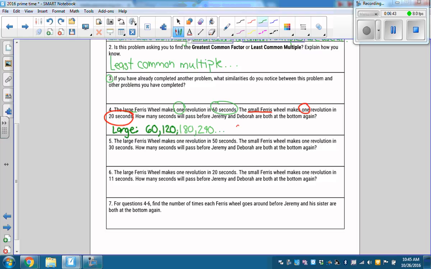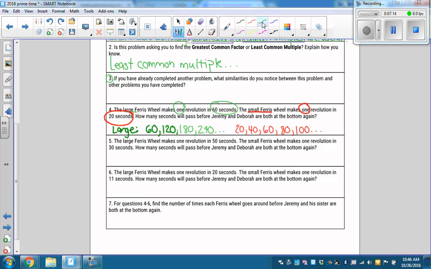So she will make 1 revolution in 20 seconds, and then she'll go around twice in 40 seconds, and she'll go around 3 times in 60 seconds, and then after 4 times, 80 seconds will have passed. And after 5 times, 100 seconds will pass. And the pattern continues.